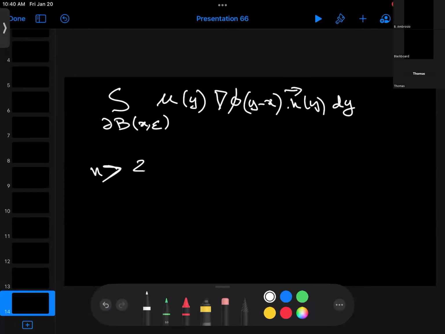So in this case, phi of y minus x is the norm of y minus x to the power 2 minus n.